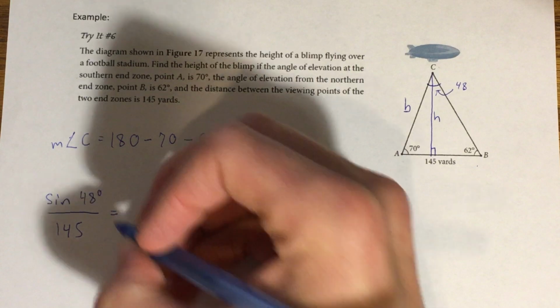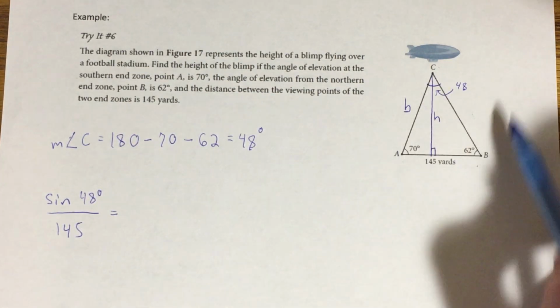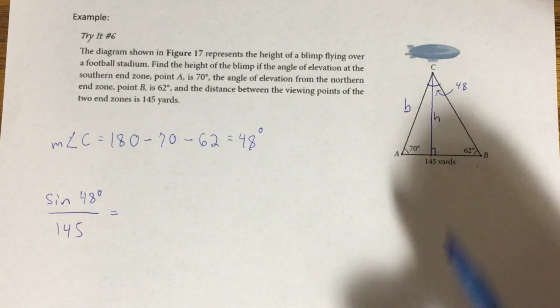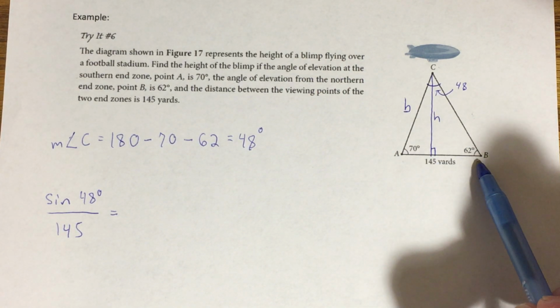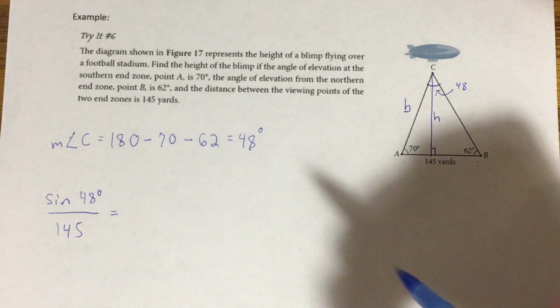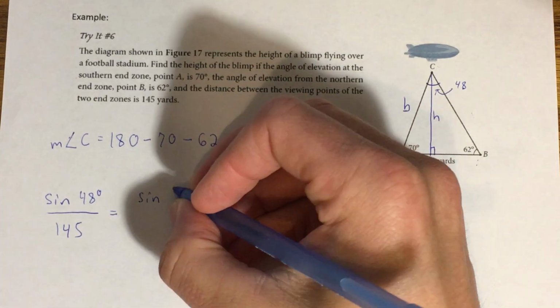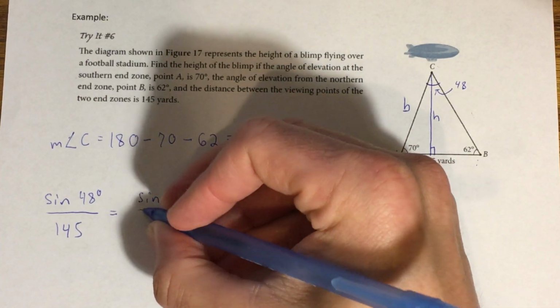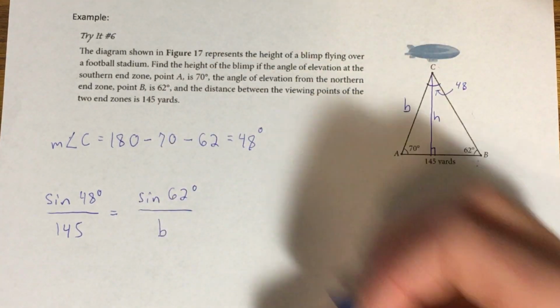Now think about what it is we are trying to find. We don't care what A is. I don't need to solve the entire triangle. I just need some of that information. So I'll use angle B and side B next. Angle B, I know, it's 62 degrees. And I'm going to put that over the unknown side, B.